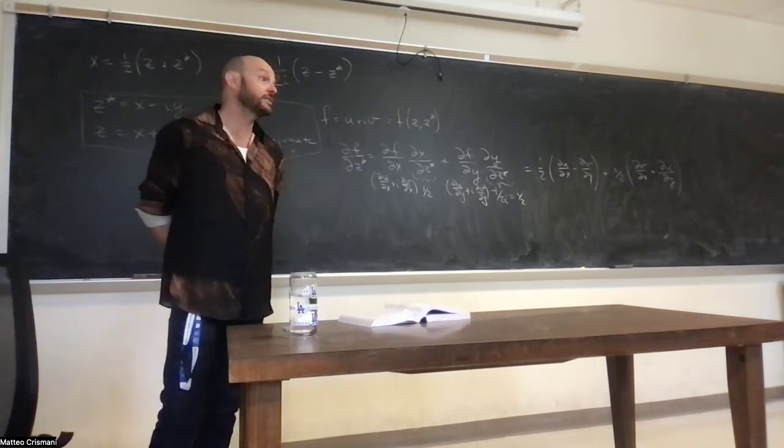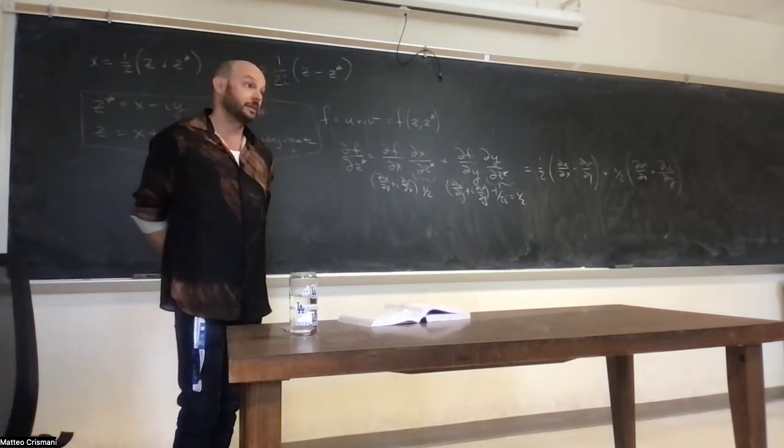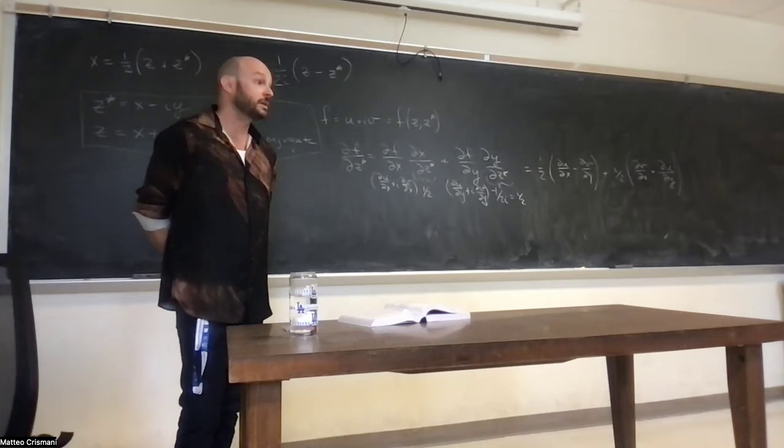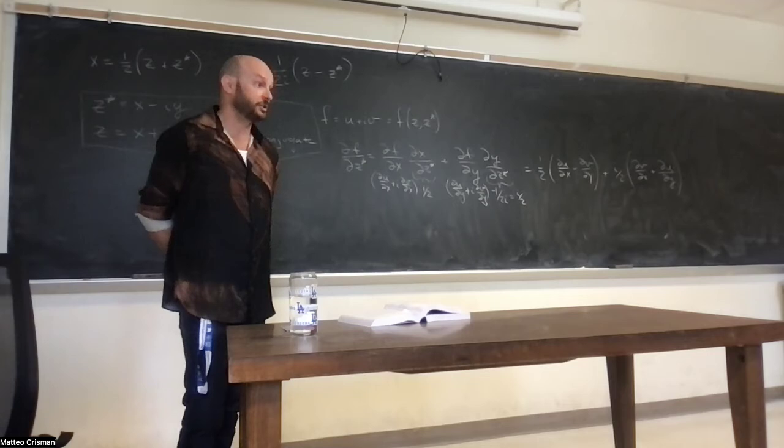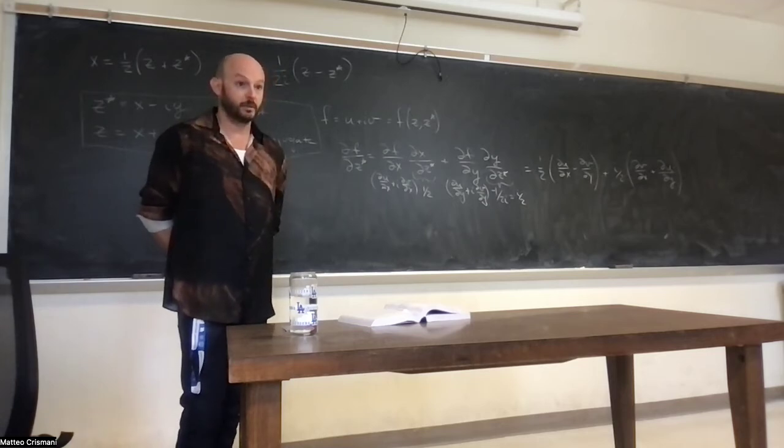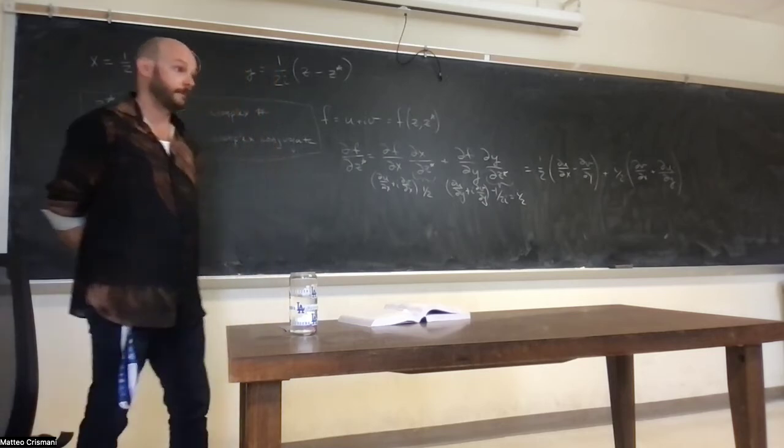We can't have functions of the complex conjugate if the Cauchy-Riemann relations are satisfied. So if the function is differentiable, it's analytic, then therefore it is not a function of the complex conjugate. Does that make sense? Okay.